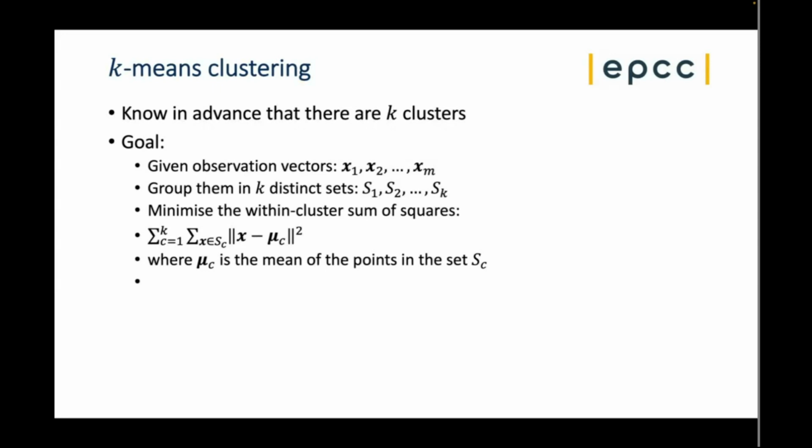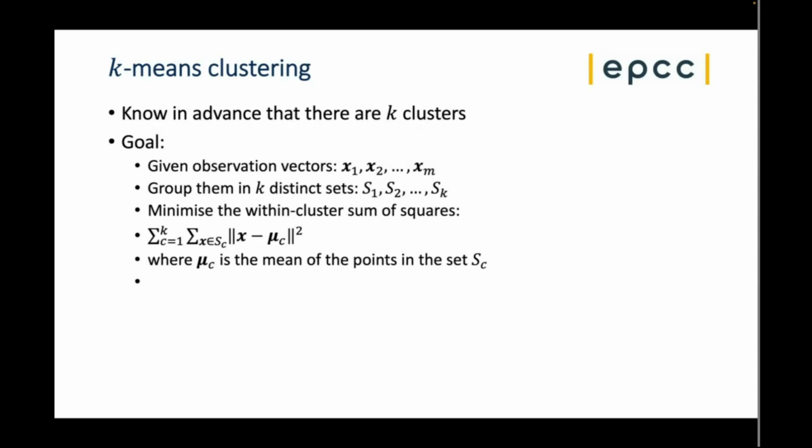The between cluster sum of squares is where you take every point in one cluster and every point in a different cluster, measure that distance and add it all up. So you're trying to find points that are close to each other.